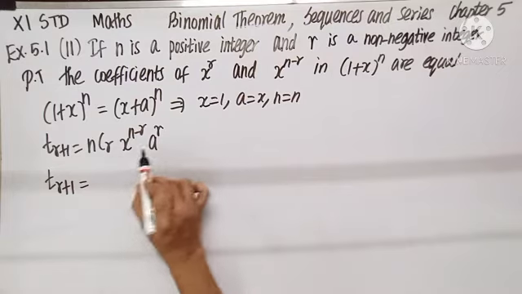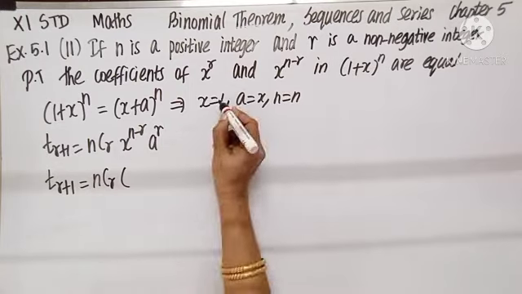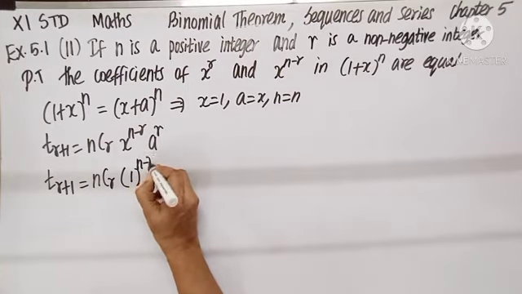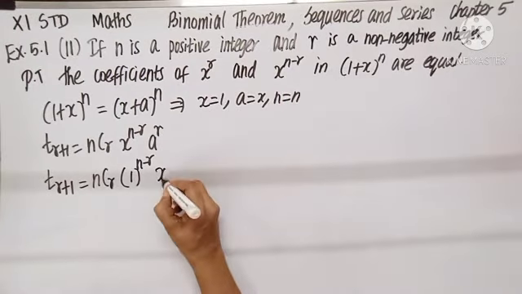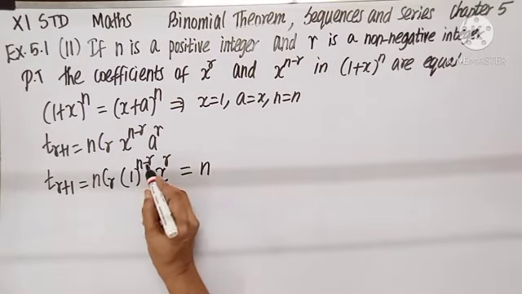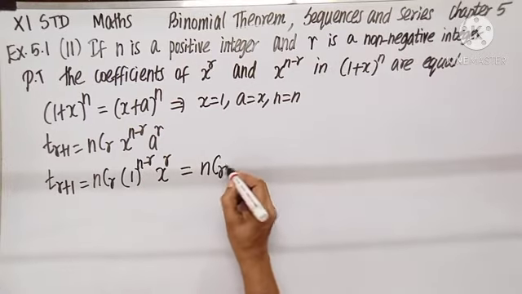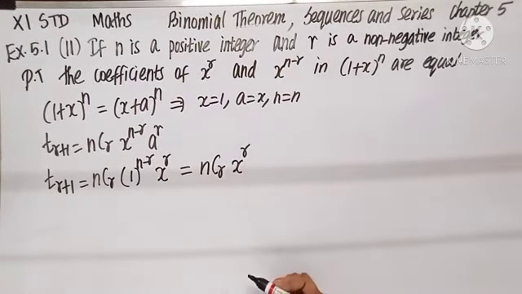The general term formula is NCR. Here also NCR, x is 1 power n minus r, a power r, a is x. So we get x power r. 1 power anything is 1, so forget it. NCR x power r is the general term.